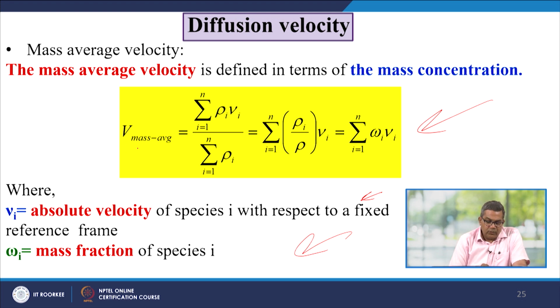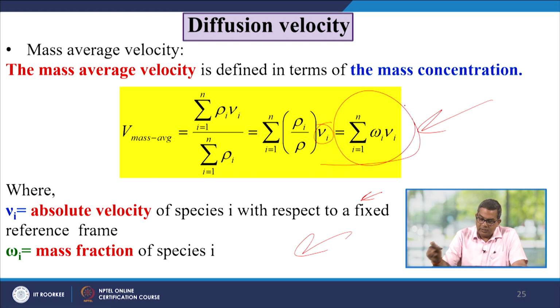So, V mass average is the summation from i to n of rho i Vi over the summation of rho i, which is equal to the summation from i to n of rho i over rho times Vi, and this is the summation from i equals 1 to n of omega i times Vi.